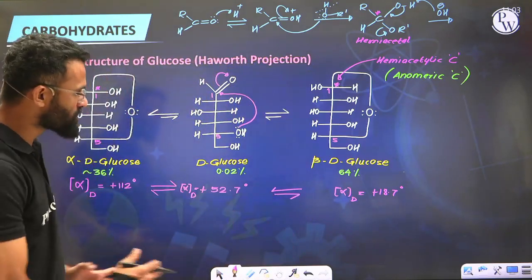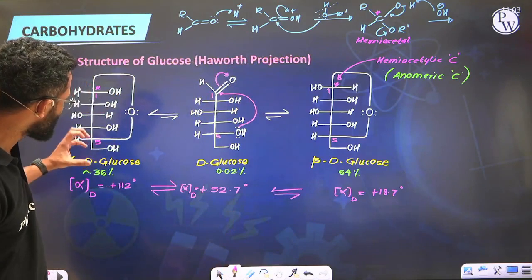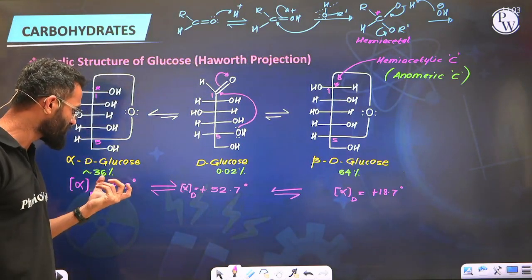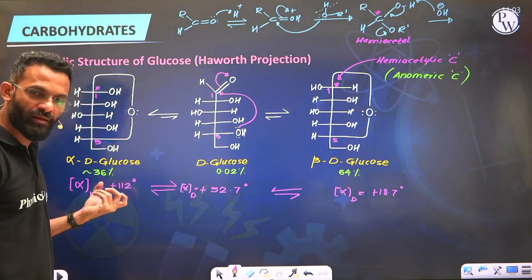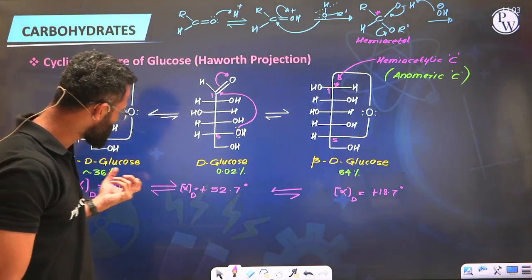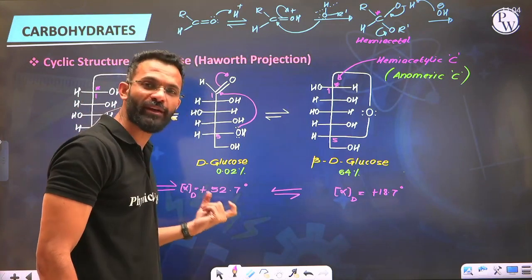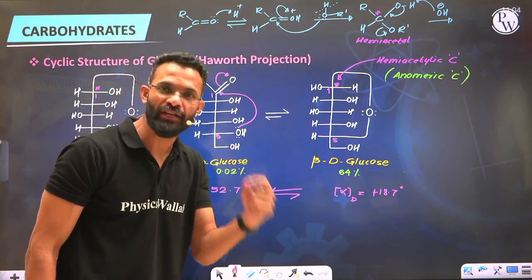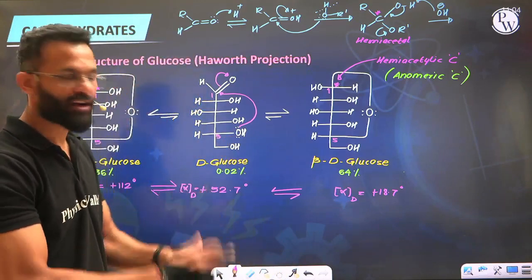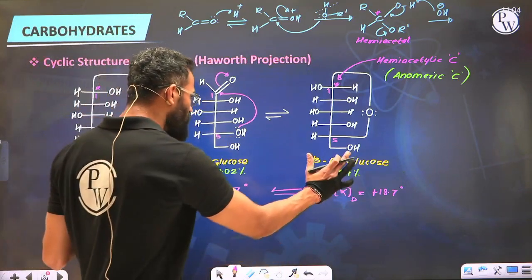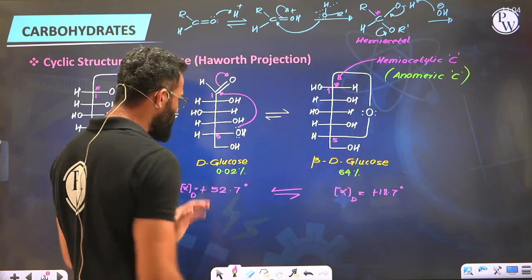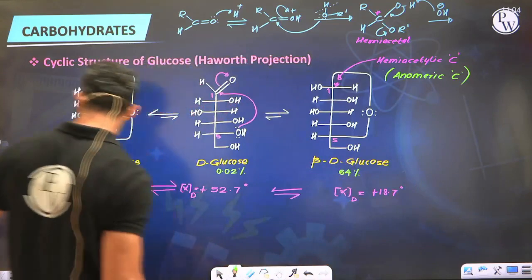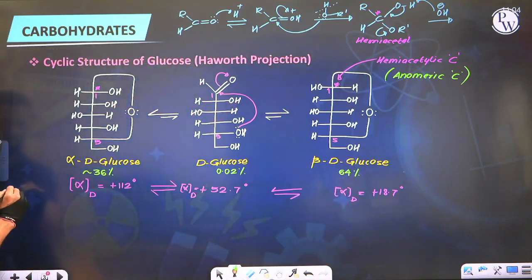So guys, what are we observing? When we take an individual anomer in its crystalline form and make its aqueous solution, it shows some optical rotation, but gradually that optical rotation changes and settles to an equilibrium value. This change in the specific rotation of a freshly prepared aqueous solution of the anomeric form, settling into an equilibrium value of plus 52.7, is what we refer to as mutarotation.